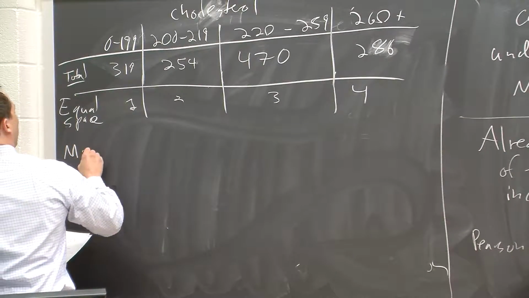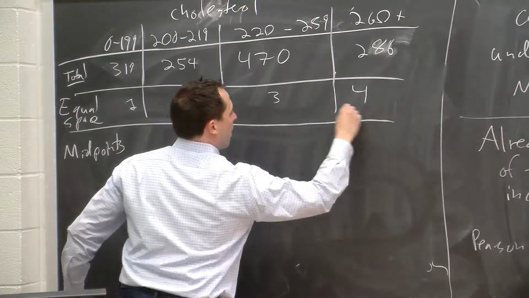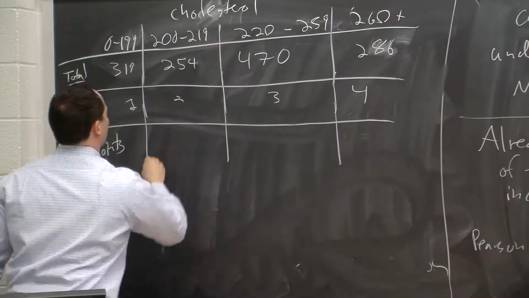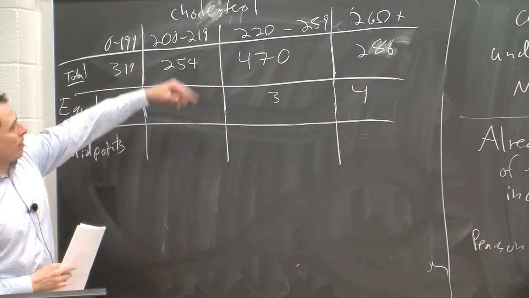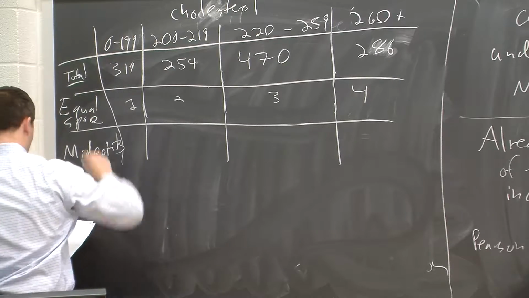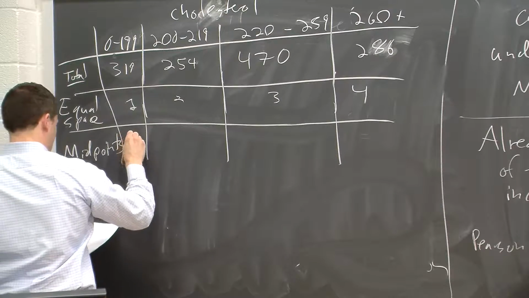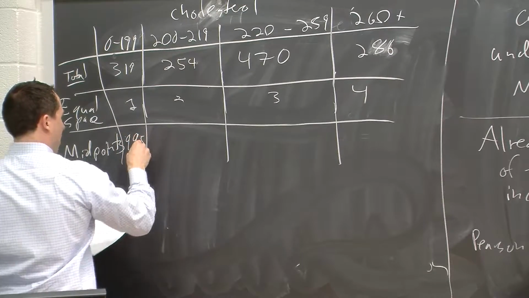I could do midpoints. So if I know the numerical values of my original data, these numbers here, I could use those to assign a number. So halfway between 0 and 199 is 99.5.